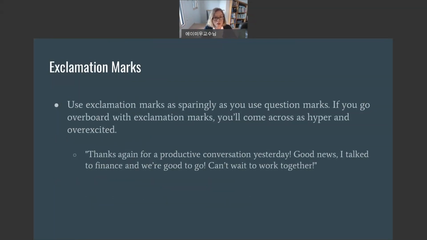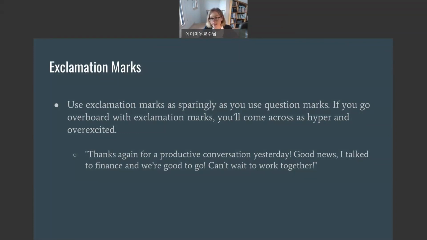Exclamation marks. Use exclamation marks as sparingly as you use question marks. So use them very rarely. If you go overboard with exclamation marks, you'll come across as hyper and overexcited. Like somebody who's had too much caffeine. So, thanks again for a productive conversation yesterday. Good news. I talked to finance and we're good to go.